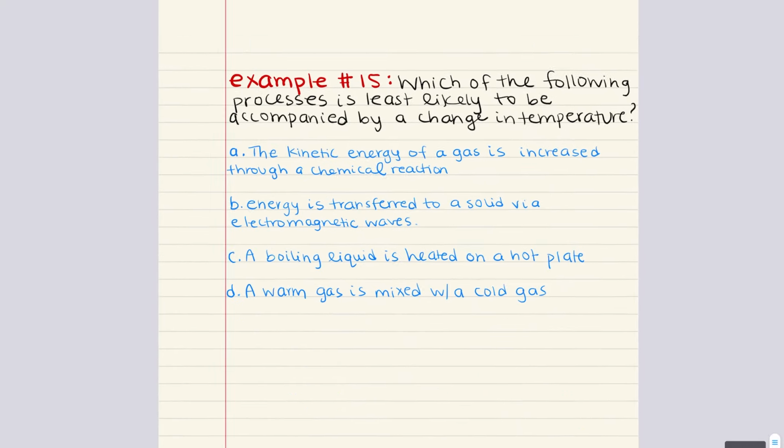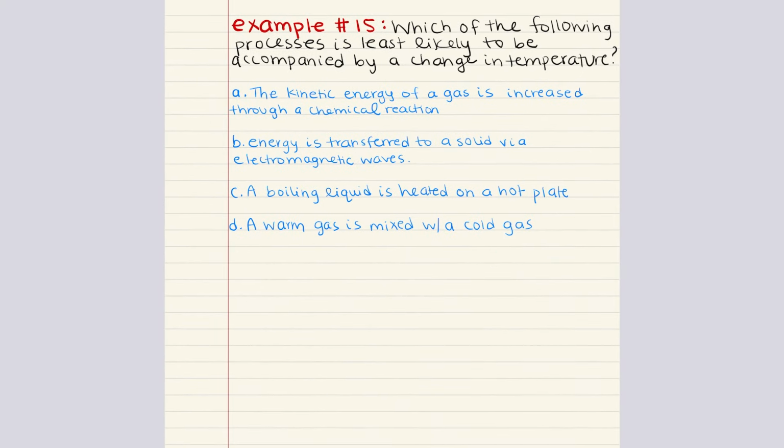Moving on to our last and final question. Problem 15 says, which of the following processes is least likely to be accompanied by a change in temperature? Let's work through each of our options, starting with option A. This one says the kinetic energy of a gas is increased through a chemical reaction.